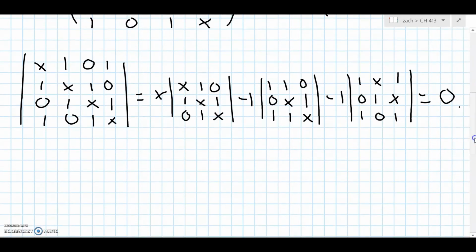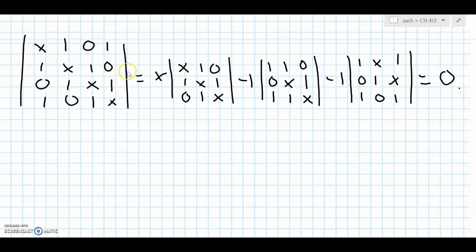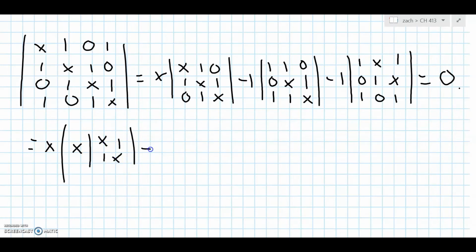Now we want to go even further and see what these look like, so we take the minors of those parts. So this is x times, again we get rid of that, x times the determinant of x, 1; 1, x, minus 1 times the determinant of 1, 1; 0, x.